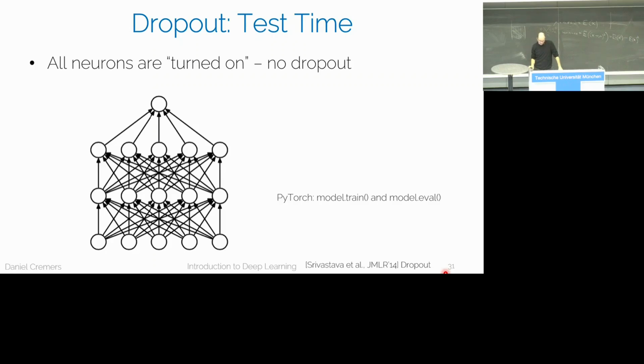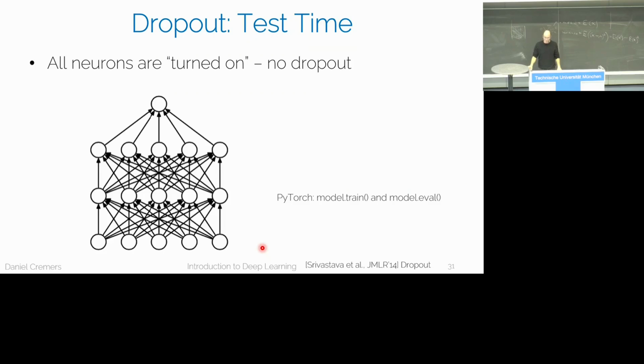Now, if we kill half of the neurons, then the activation for the next layer and the variance of it is much higher. If we train with Dropout, and then apply the network at test time, switching all of the neurons on again, then if we had half of them off before, and now we switch all of them on, then the activation and the variance is much higher.